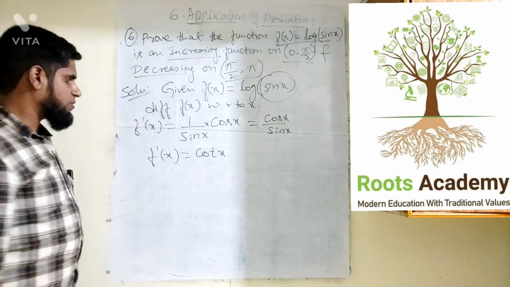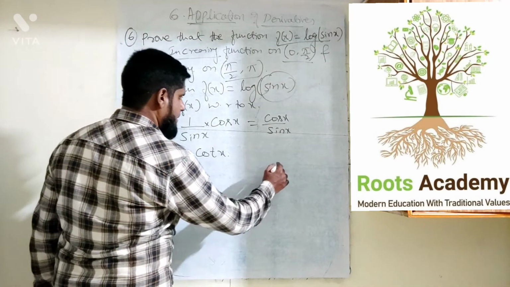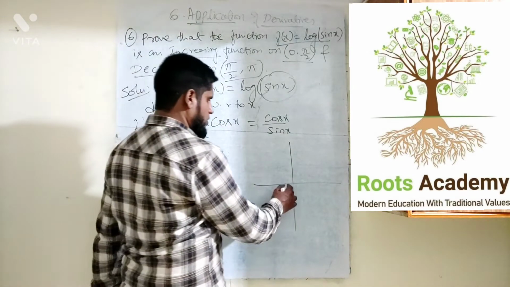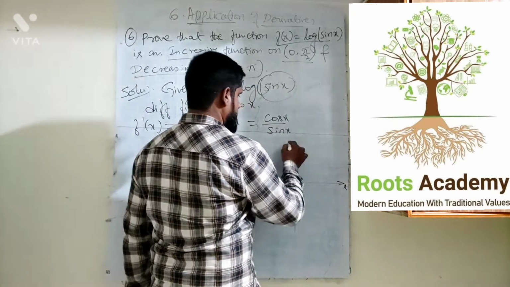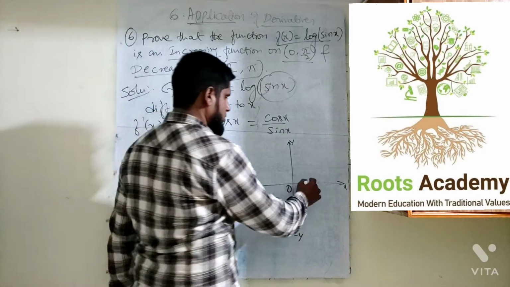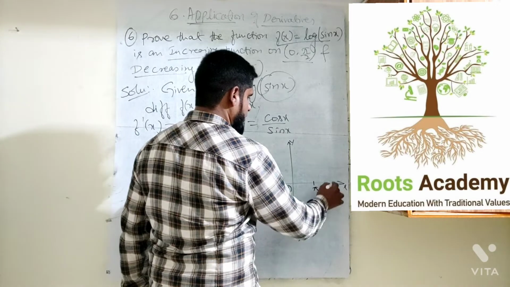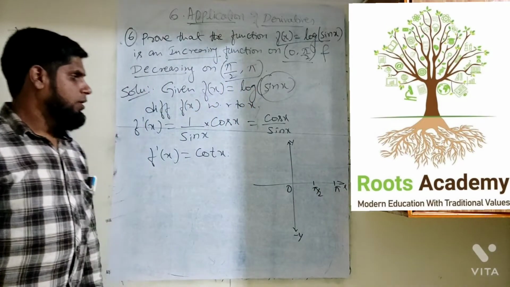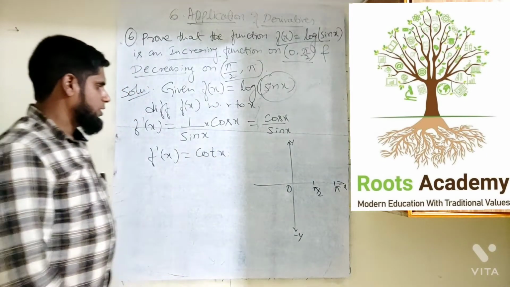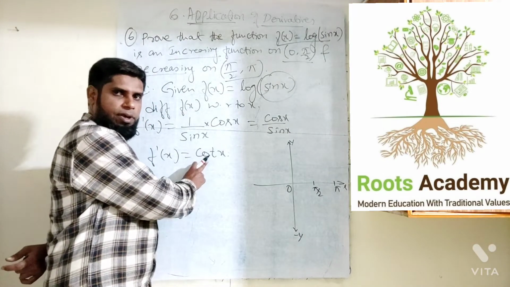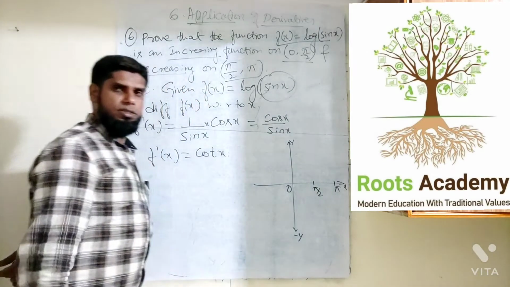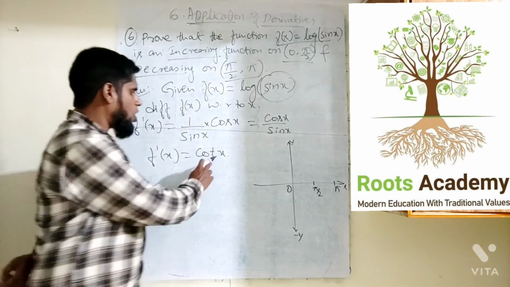So student, if we draw the graph of the cot x function here, this is 0, this is x, this is y, negative 1, this is somewhere pi by 2 and here it is pi. We know that cot is the reverse of tan. So tan 0 degree is 0, which means cot 0 degree is infinity. Somewhere here it goes on. And tan 90 is infinity, which means cot 90 is 0.